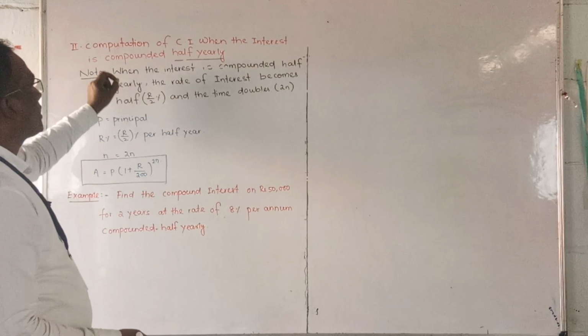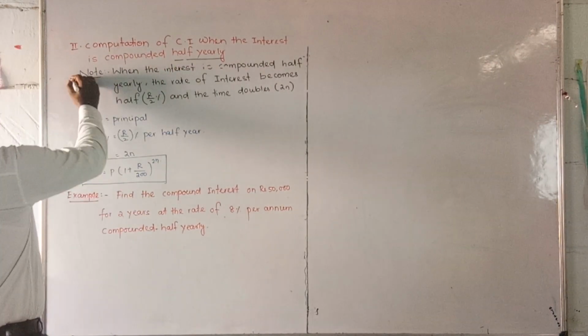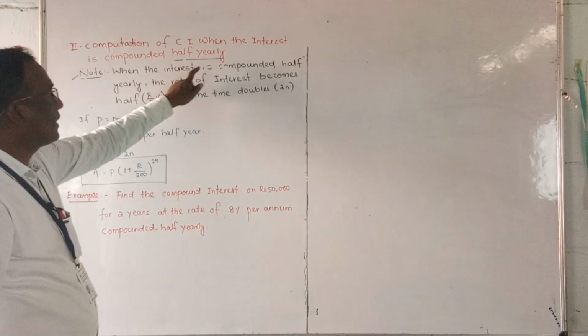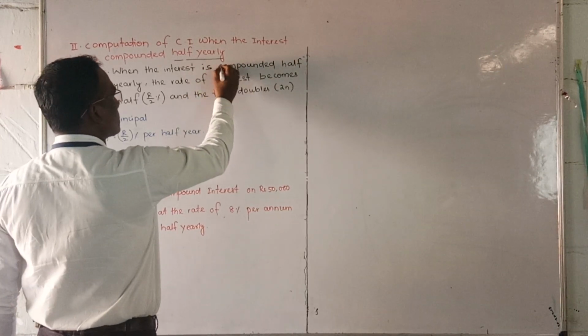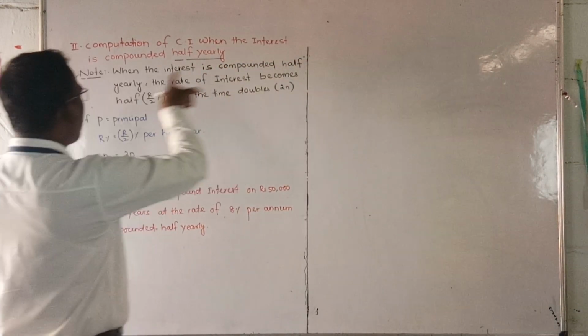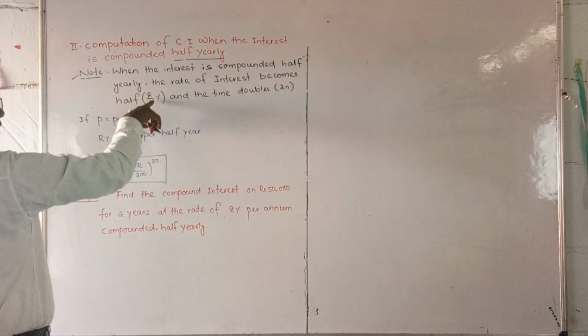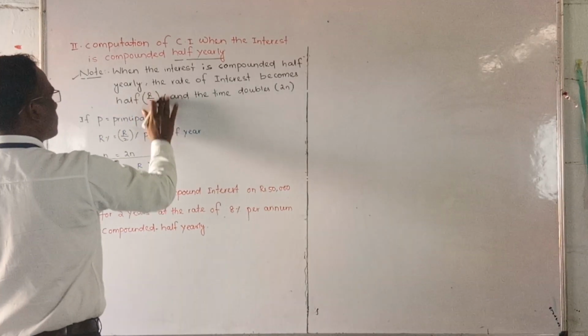So you have to see what instruction it has given. Note, you have to remember this. When the interest is compounded half yearly, the rate of interest becomes half, meaning r by 2% it will become. Are you clear?